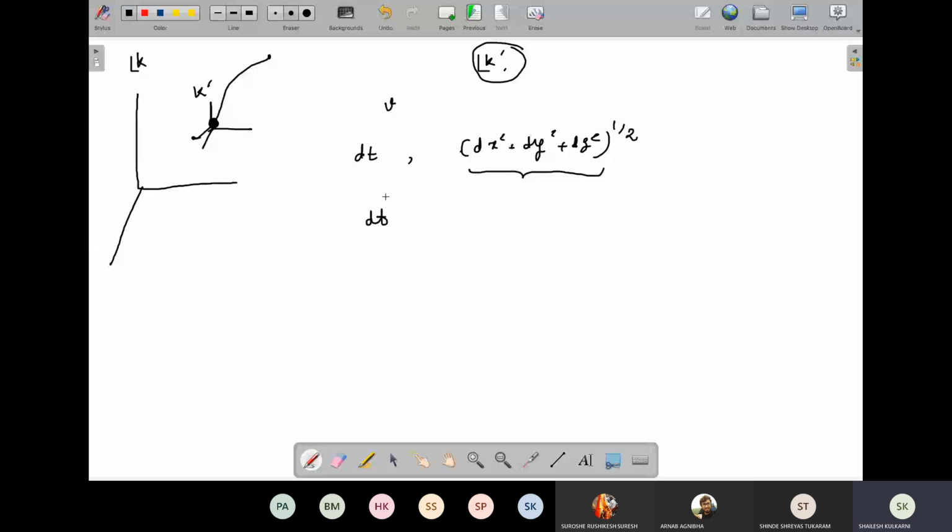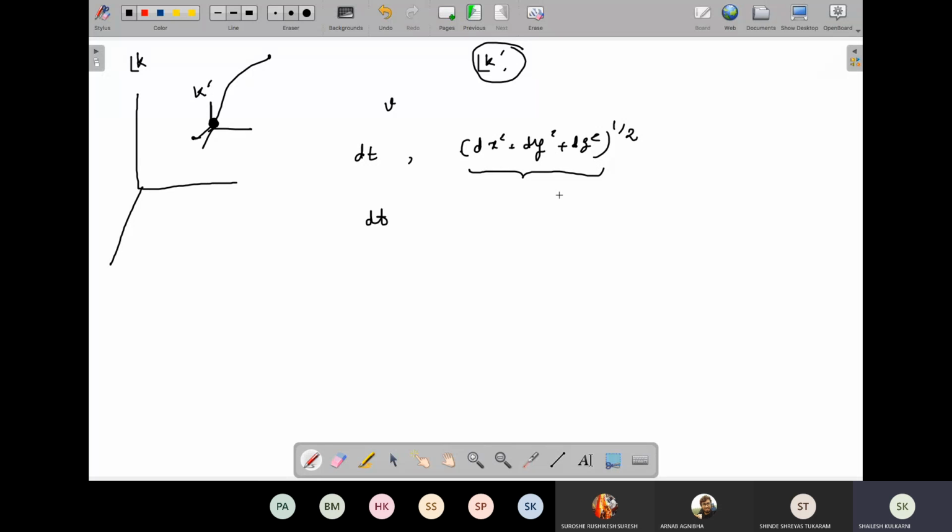Once I attach the K prime frame to the particle, relative to that frame the particle is at rest, because this frame will always be with the particle. So dx prime, dy prime, dz prime will be 0.